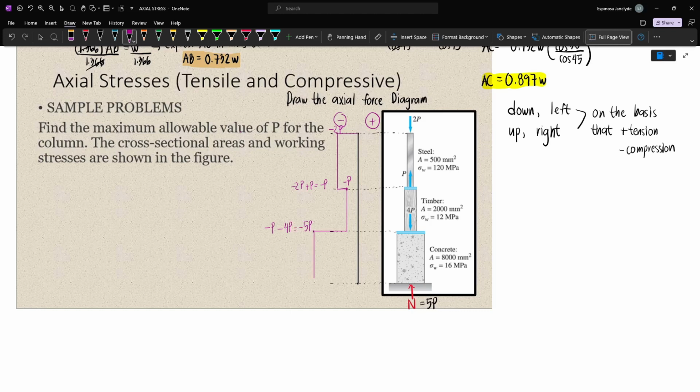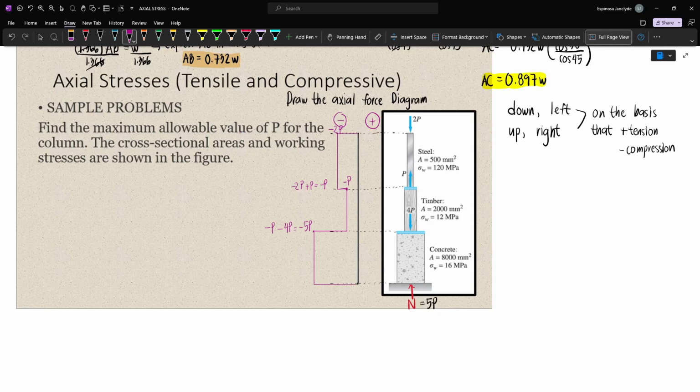Now, remember that this system is in equilibrium, which means that for the axial force diagram, the axial force must start at 0 and end at 0. Now, we still have negative 5P here, but our normal reaction at the bottom will counteract that force, because our normal reaction is equal to 5P, which is acting upward. And so we'll move 5 units to the right, and we'll actually end at 0.